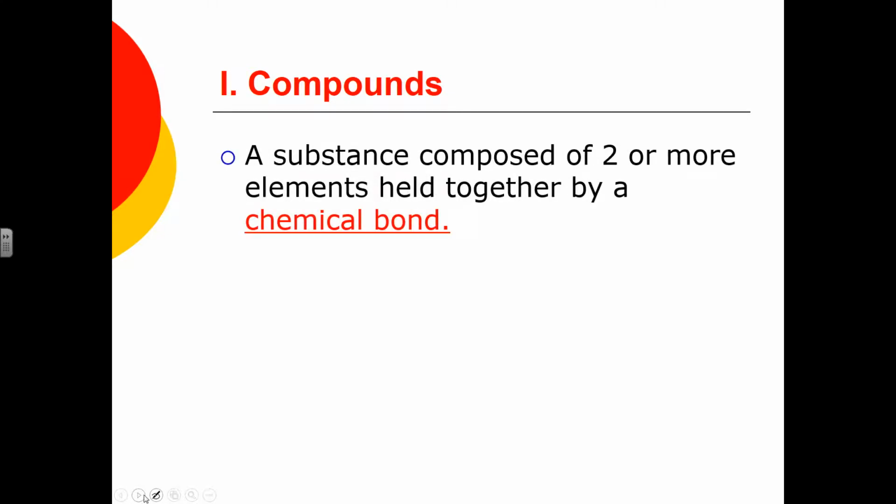A compound is a substance composed of two or more elements that's held together by a chemical bond. A chemical bond is sort of like the glue that holds atoms together in molecules or formula units.